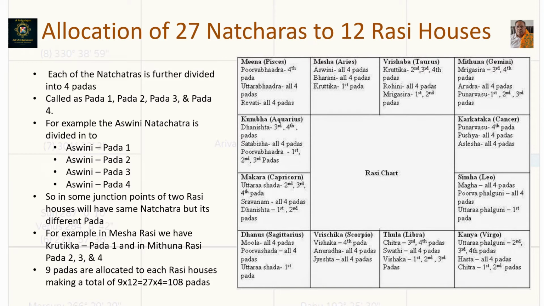Padas are nothing but further divisions, because first we have the Rasi, then the Nakshatra, and these padas are a further division of the 13 degrees 20 minutes into 4 padas. The pada system is our traditional Vedic astrology method. I am presenting it just for the purpose of understanding what a pada is. It is further fine tuning.